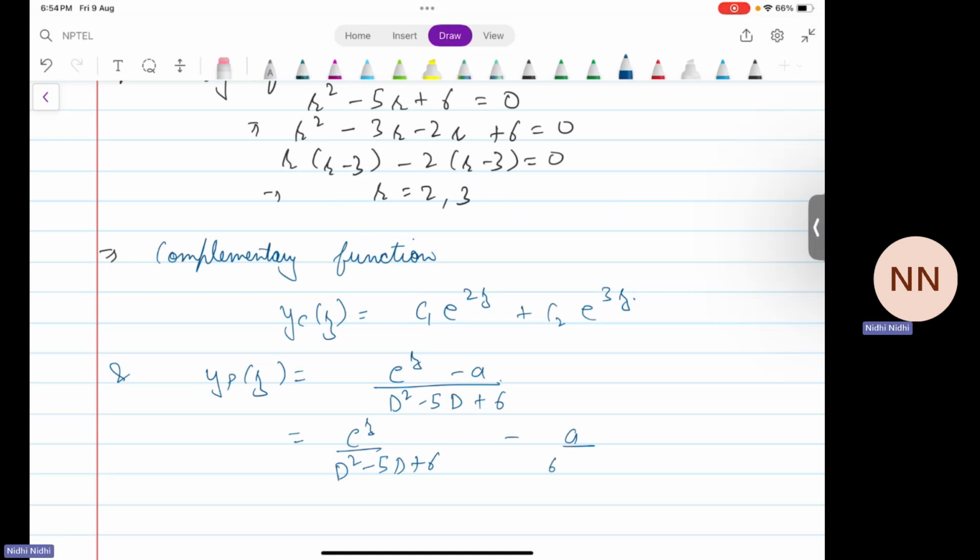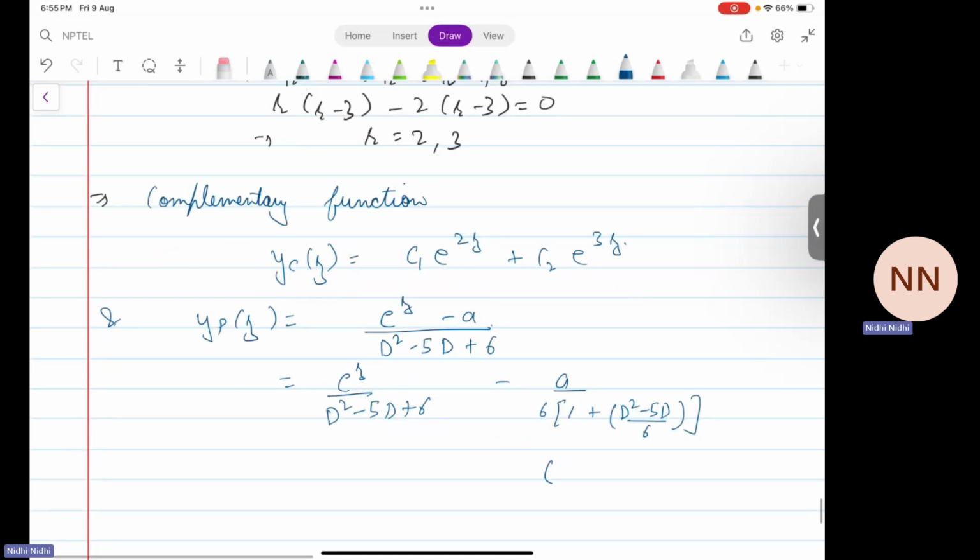Let's take 6 common, 1 plus (D² − 5D)/6. I hope you all know the expansion (1 + x)^(−1) = 1 − x + x² and so on. So we'll be using this expansion.